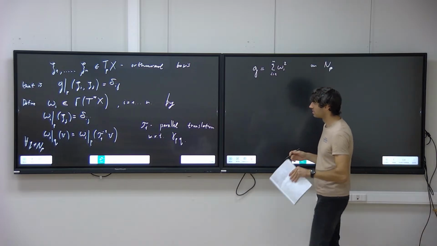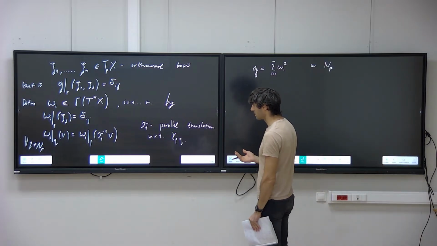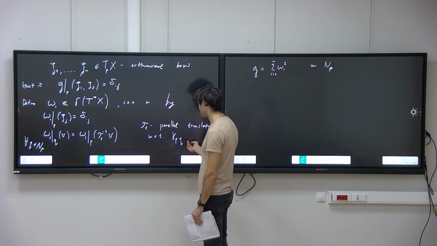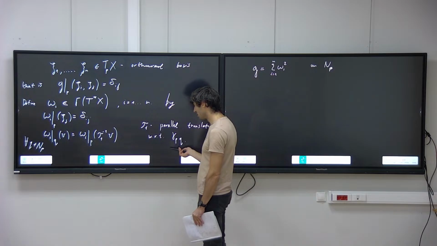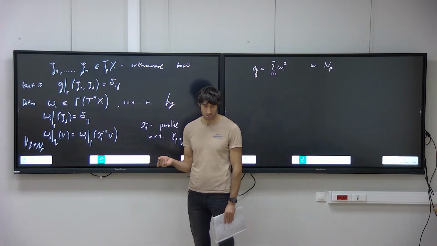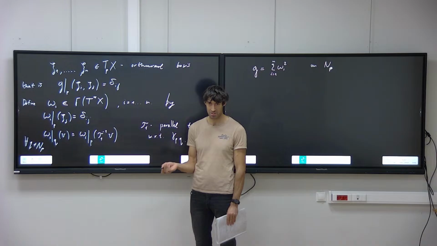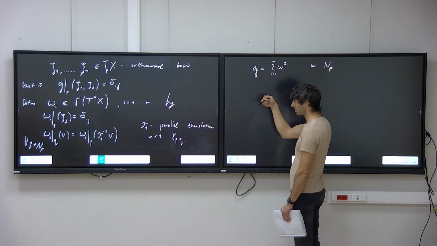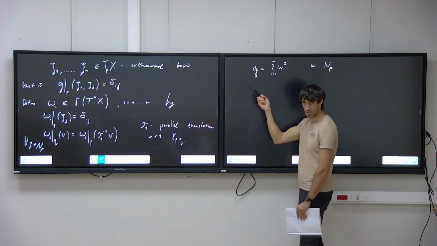So this is parallel translation with respect to gamma. Gamma is a geodesic, and a geodesic with respect to what connection? We also only had the Riemannian structure, right? So I need to say that this is a Levi-Civita connection. And since it's a Levi-Civita connection, g is invariant with respect to parallel translation.